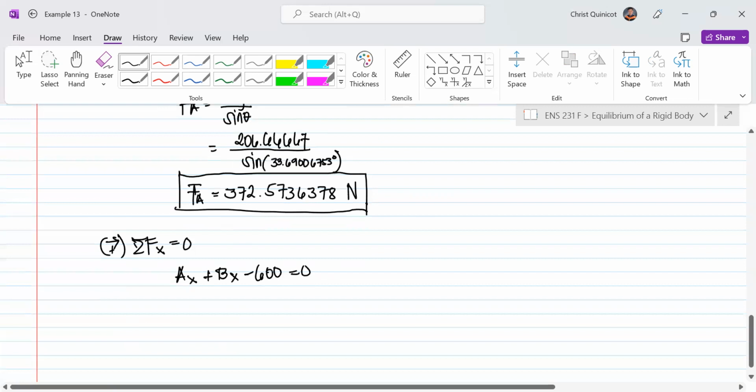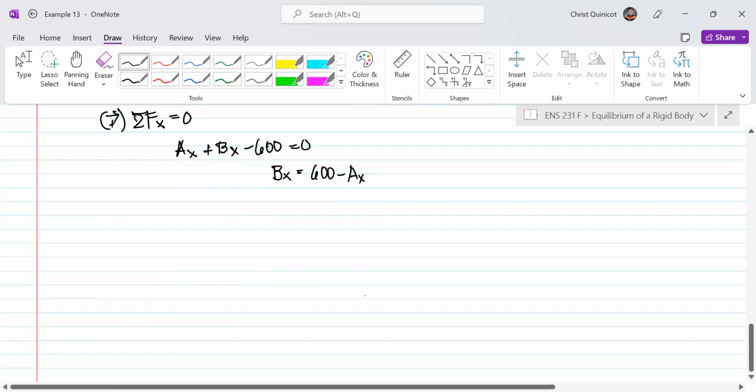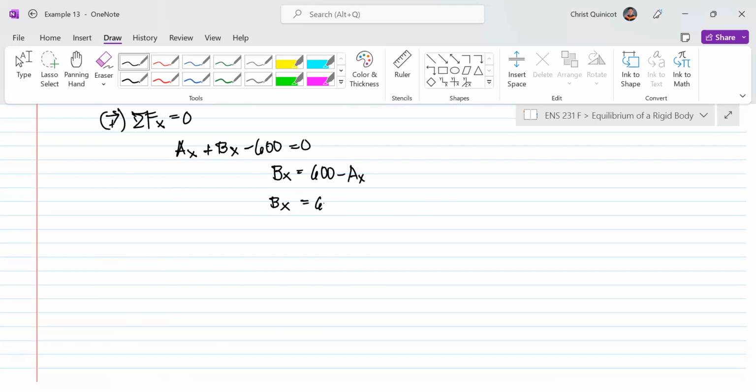So B sub X is equal to positive 600 minus A sub X. And we know that A sub X is F sub A cosine theta, so B sub X is equal to 600 minus F sub A cosine theta, and we substitute now the values.